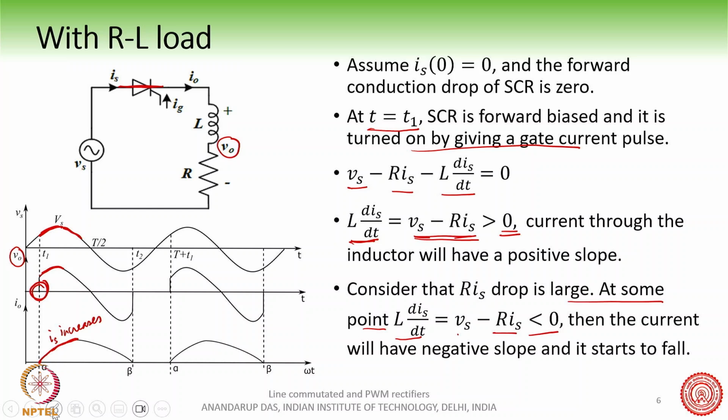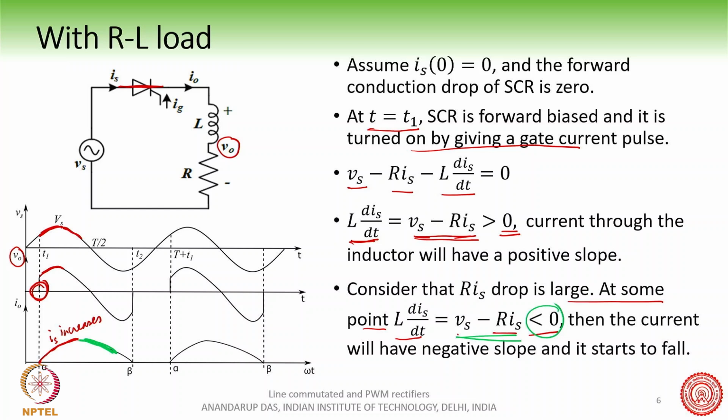The current will start to fall here. So this is the condition where Vs minus Ris is less than 0, right? Initially the current rises, and then the current starts to fall.